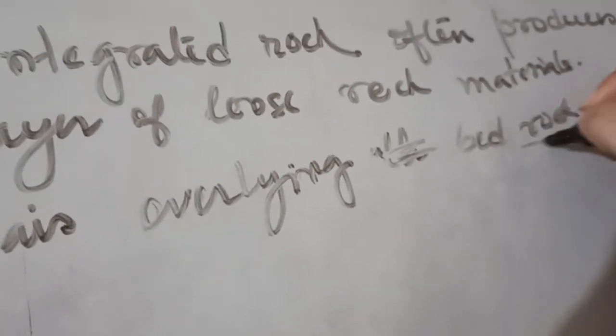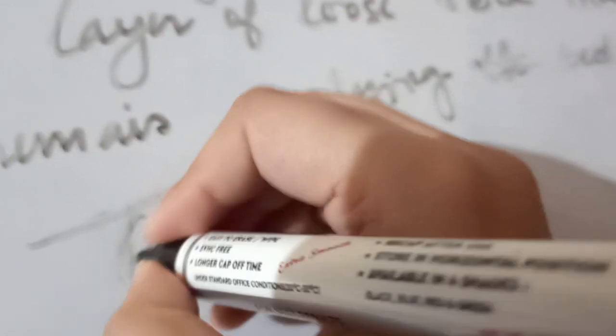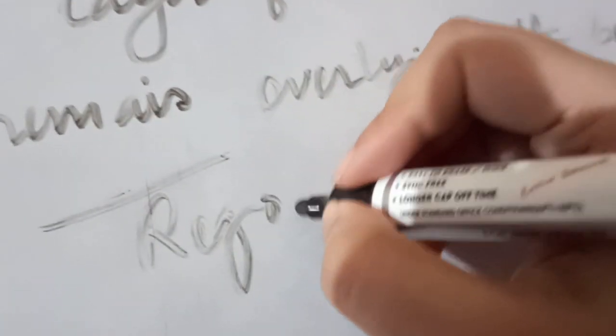That is actually the primary rock, and this covering of the loose fragmented weathered portions, we are calling it as the regolith.